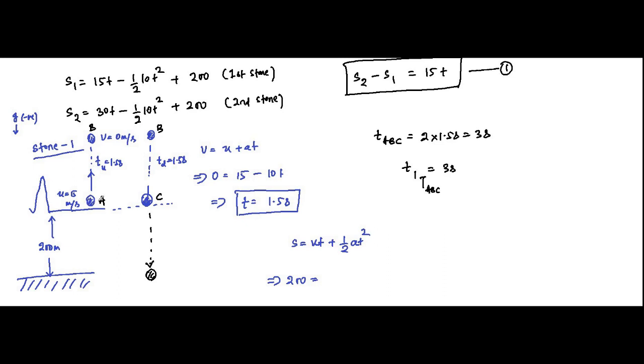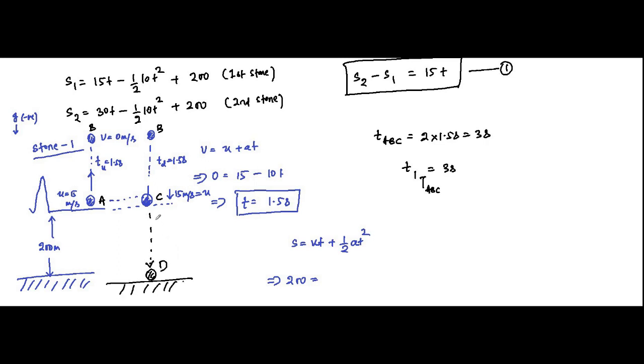It was thrown upwards at point A with 15 meters per second. So at this point C, at the identical position, its velocity will be 15 meters per second downwards, which is the initial velocity for this portion of the journey from, let's say, C to D, that is the ground.